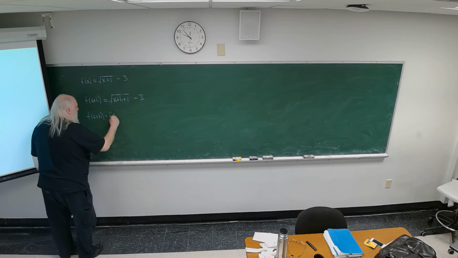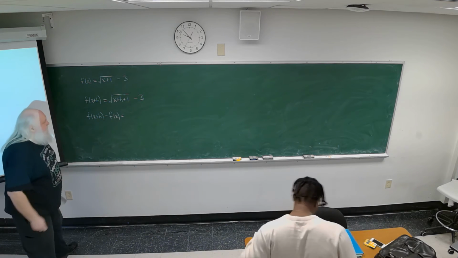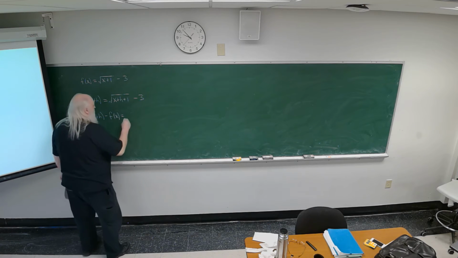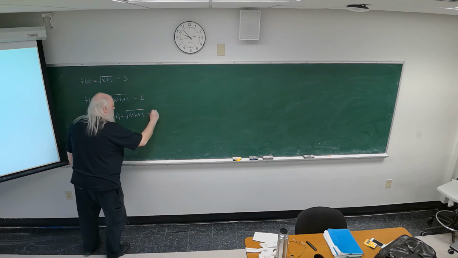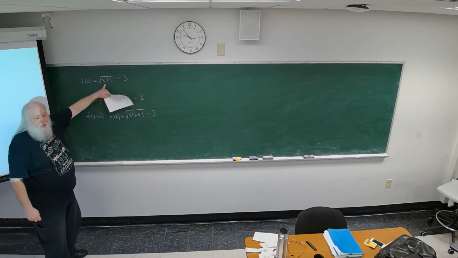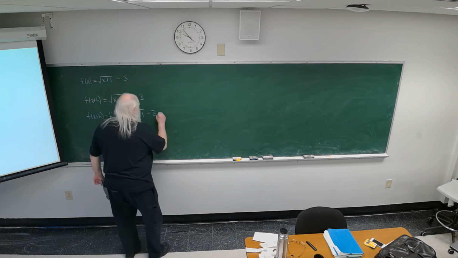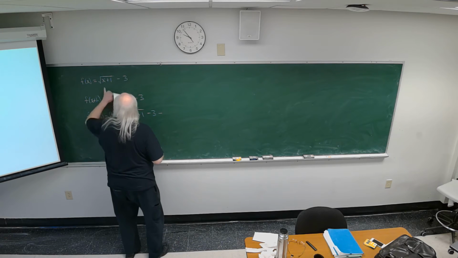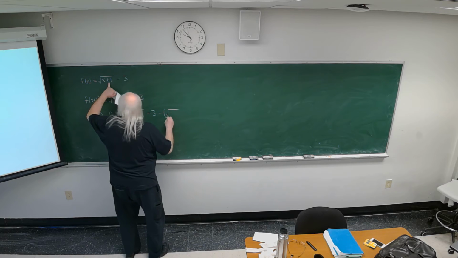Now we find f of x plus h minus f of x. F of x plus h is the square root of x plus h plus 1 minus 3. And then we subtract from that f of x, right? And so, since there's more than one term in f of x, there's 2 terms, put it in parentheses.